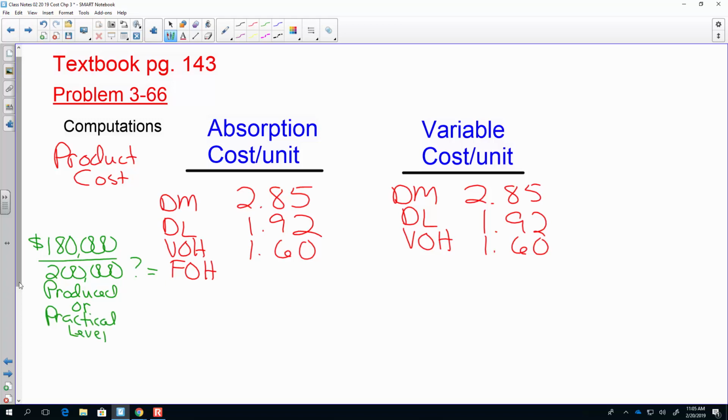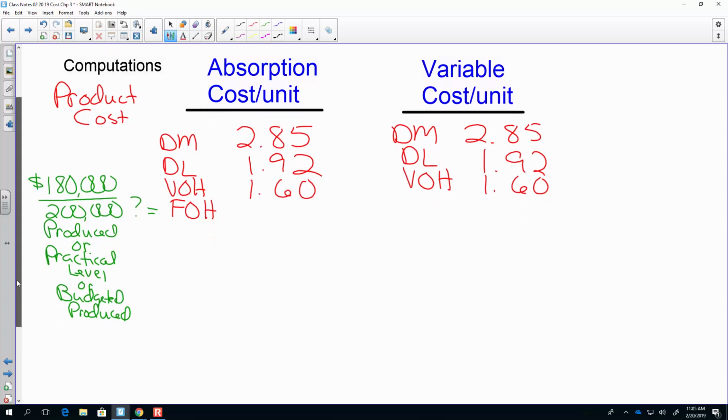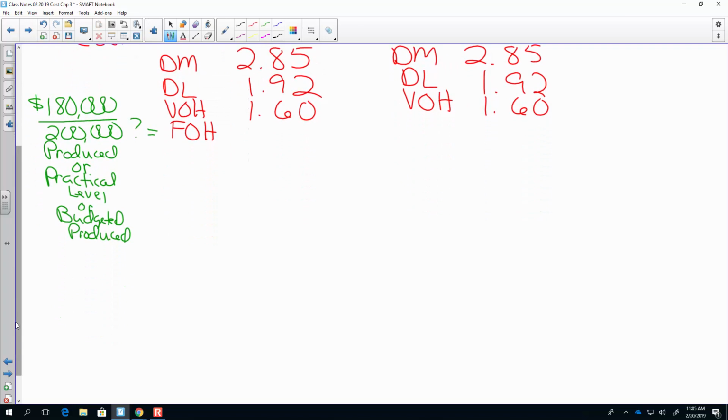Or it could say budget amount, budgeted production. Never, never, never sold. Let me move this up. You guys are crunching your necks here. So produced, practical level of activity, budgeted level of activity. It's always some form of production level.